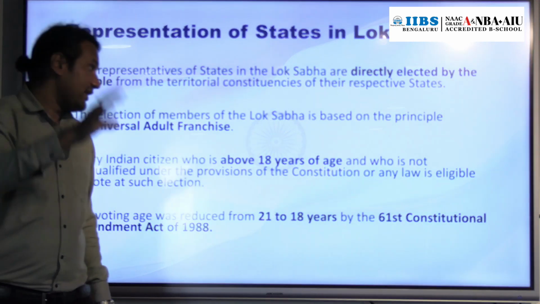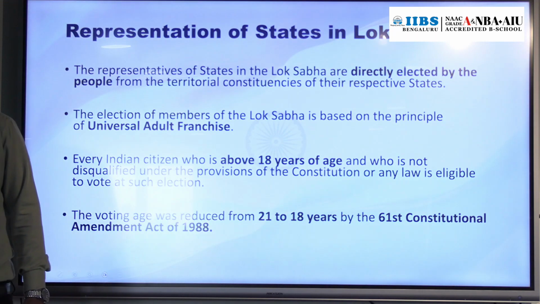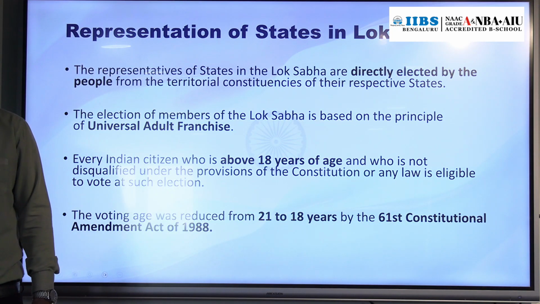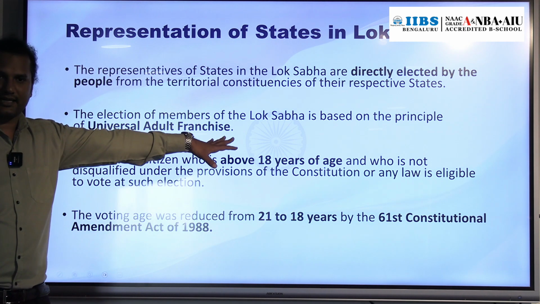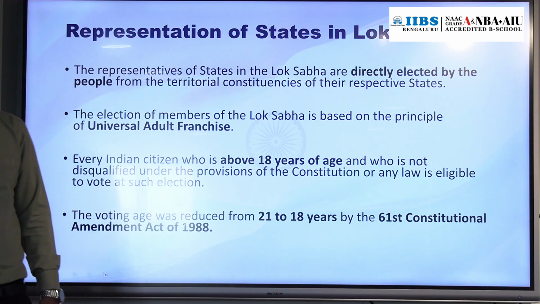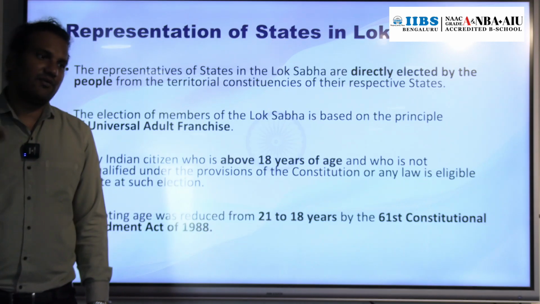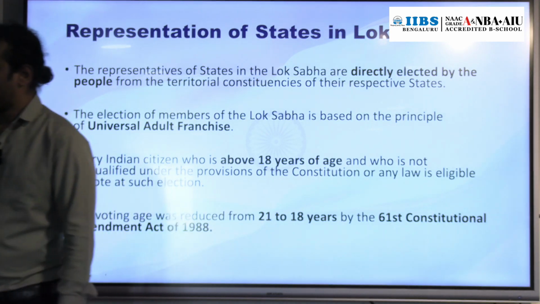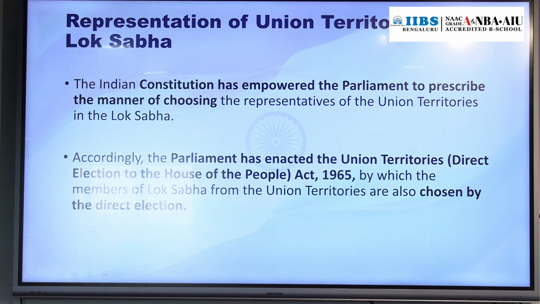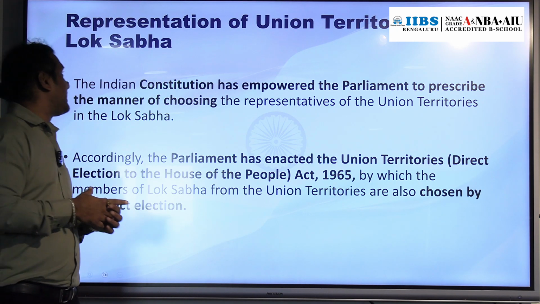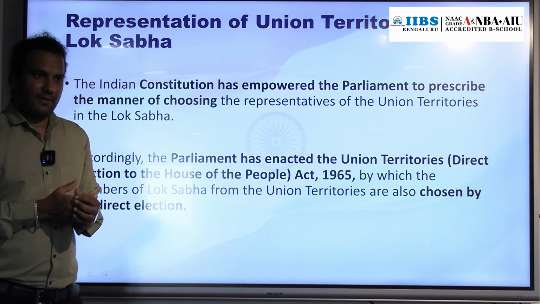Earlier the voting age was 21, but by the 61st Constitutional Amendment Act, the voting age was reduced from 21 to 18 years. So the voting age now is 18 years.